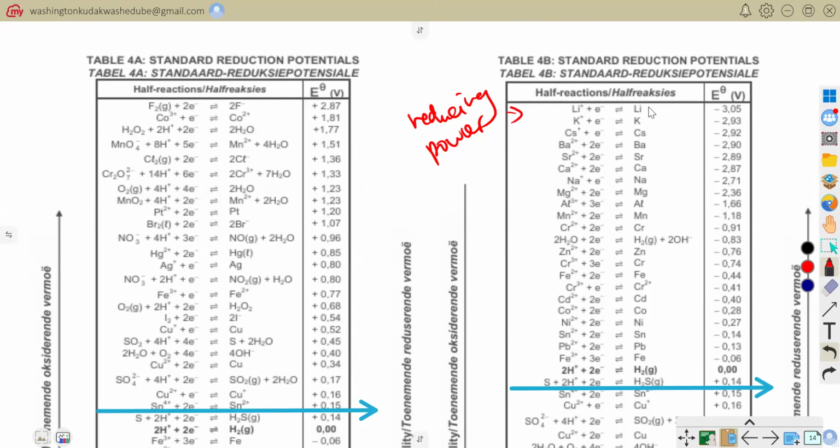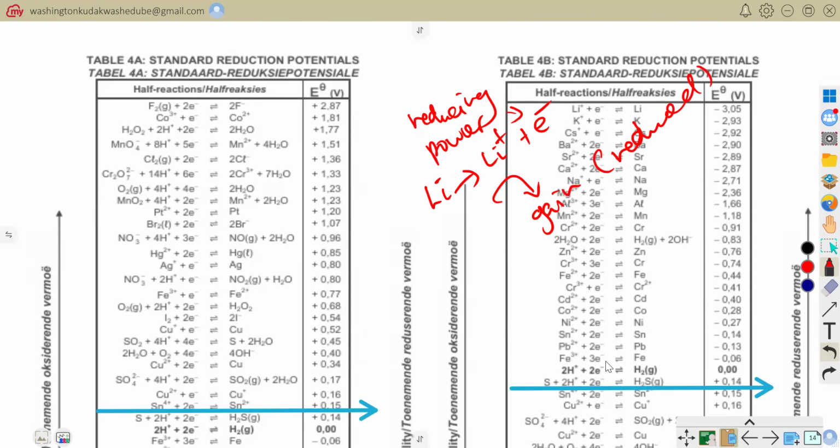So lithium would lose its electron so that the other will gain. When the other gains, it becomes reduced. So it has reduced everything that is below.